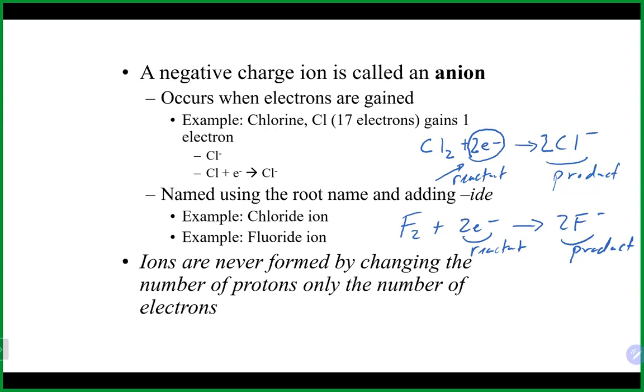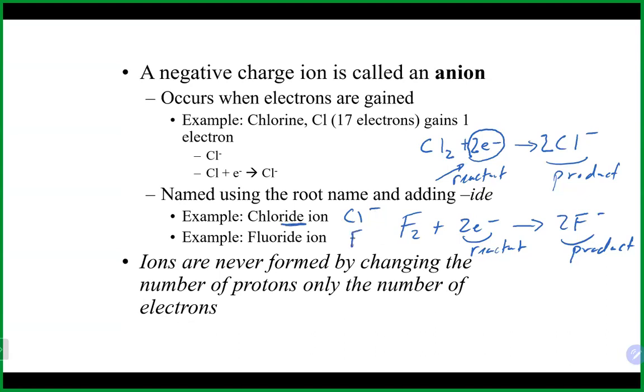Any questions on that? Now, when we have a negative ion, we actually drop the last part of the name and put IDE at the end. So guys that are negatively charged, we drop the last part of the name and put IDE. So instead of chlorine, the Cl- would be chloride, IDE at the end.